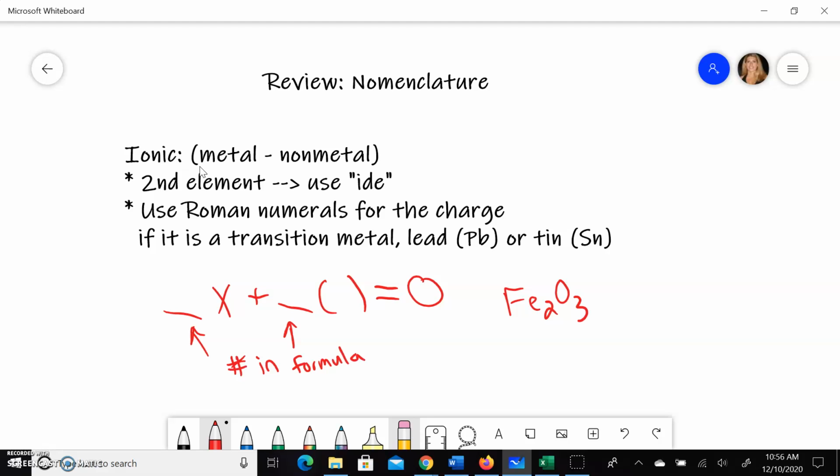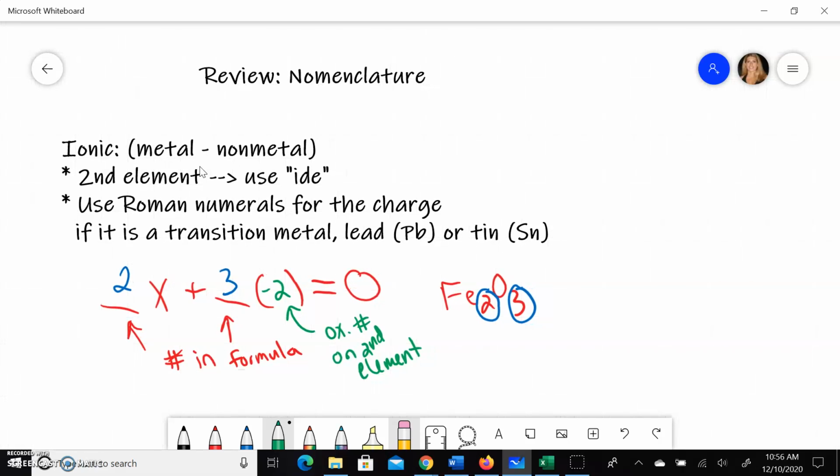So for iron, we have 2 of them because of that 2, and for oxygen, we have 3 because of that 3. And then the parentheses is going to be the oxidation number or the charge on the second element. So you can just use the periodic table to look that up. So for example, oxygen, if you look that up, is going to be -2. And then you just solve for x, and x will be the Roman numeral that you use.